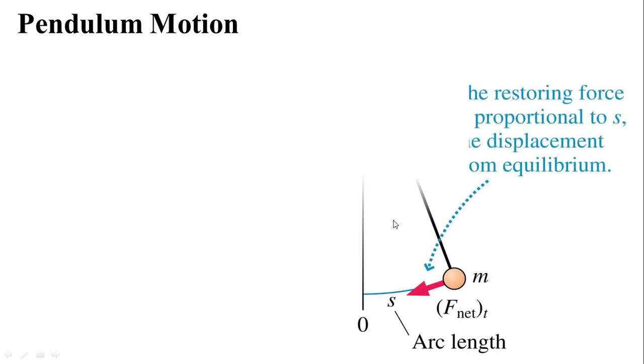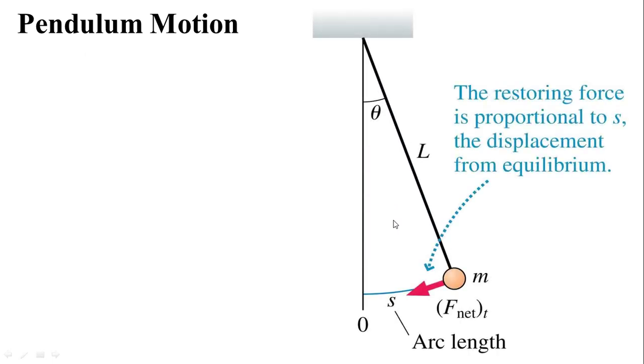Now we can write that simple pendulum motion is simple harmonic motion. In this diagram, we see clearly that theta is the smallest angle, S is the displacement along the arc, and L is the length of the rod or string. The restoring force is proportional to S, the displacement from the equilibrium.